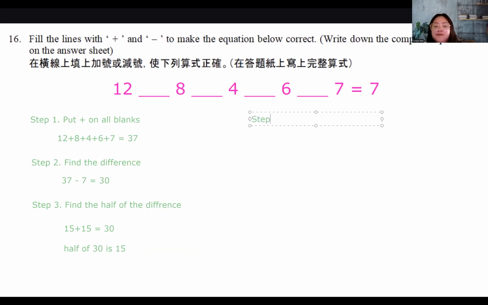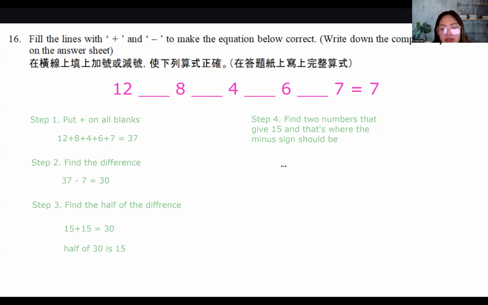Step 4, find two numbers that give 15. And that's where the minus sign should be. So here, you know that 8 plus 7 is equal to 15. So therefore, the minus sign should go to the blank 8 and blank 7.